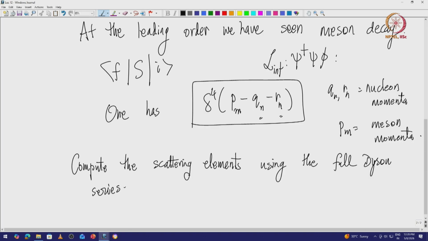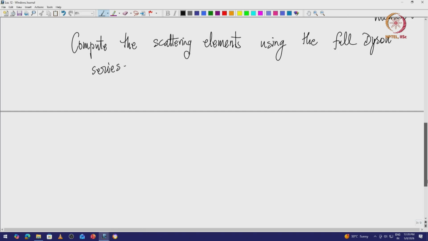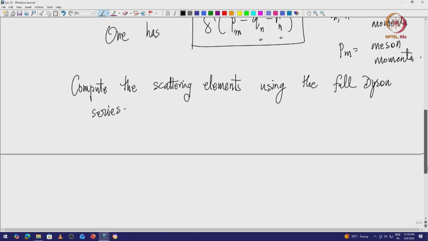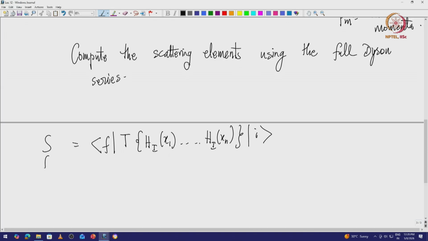So what it means is that you write down, if I want to compute, F, time ordered product of H_I of x1 through H_I of xn, I. This is your S matrix element, essentially S_FI.